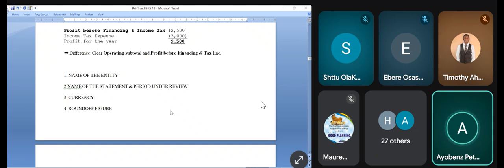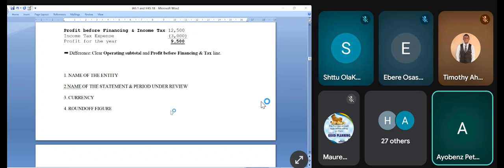You must state it in the notes to the accounts. And then what does that imply? You must be able to tell us what exactly is the earnings before interest, tax, depreciation, and amortization. You must tell us what that earning is. And the reason is this: we want to know that those interests are statutory payments that you must make.